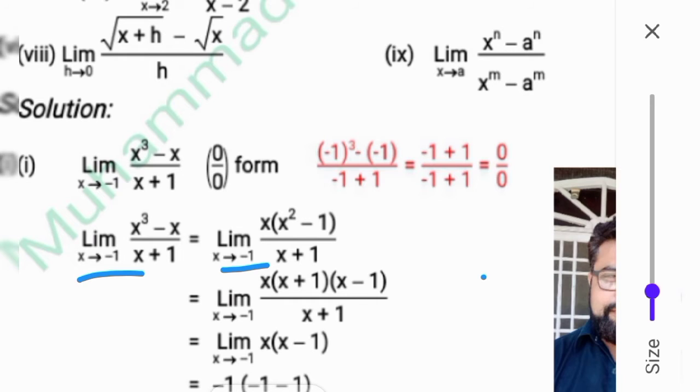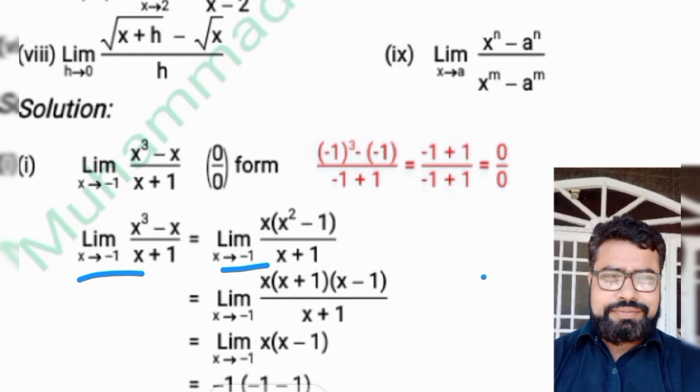Now we will apply the a square minus b square formula. 1 means 1 square, x square minus 1 square, that is a square minus b square is equal to a plus b, a minus b. A is x and b is 1, so a plus b is x plus 1, a minus b is x minus 1, and x will be written same, and the denominator x plus 1 will be written same.